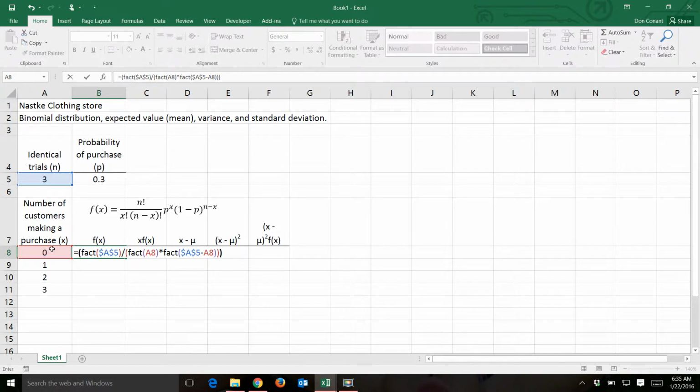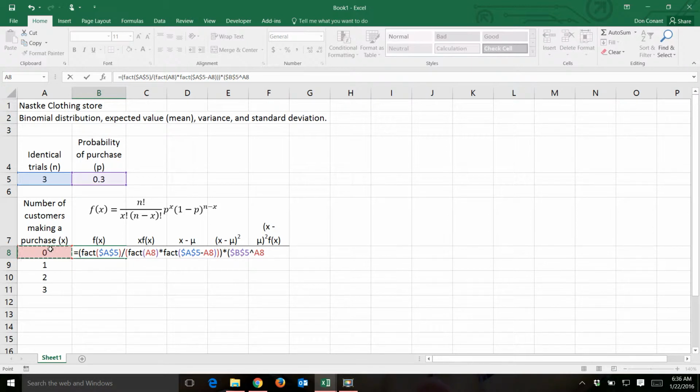Now we've solved for our fraction, and we'll multiply that times the quantity p, the probability, and I'm going to make that absolute and raise that to the x power. I'll leave that relative, so as I copy it down, I get it.